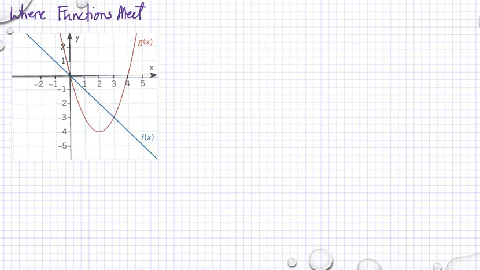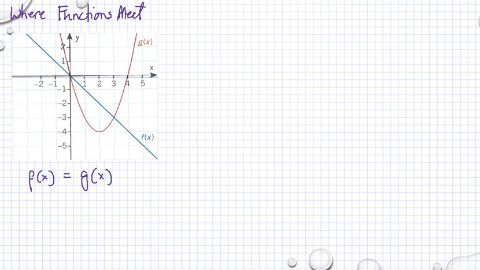For example, if you have g of x, the red graph is a quadratic function, and the blue line is a linear function. There are a lot of questions that you can ask here, and you can answer also. For example, at what coordinates is f of x equal to g of x?